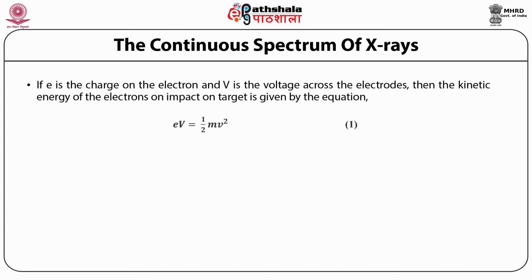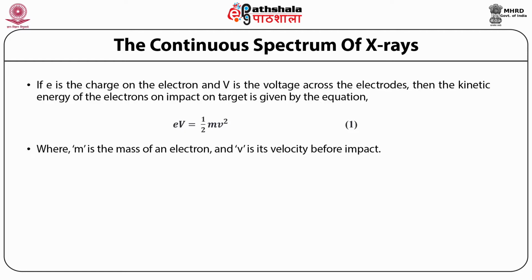If e is the charge on the electron and V is the voltage across the electrodes, then the kinetic energy of the electrons on impact on the target is given by the equation eV equals half mv squared, where m is the mass of an electron and v is its velocity before impact.